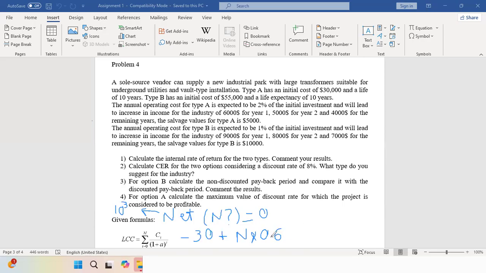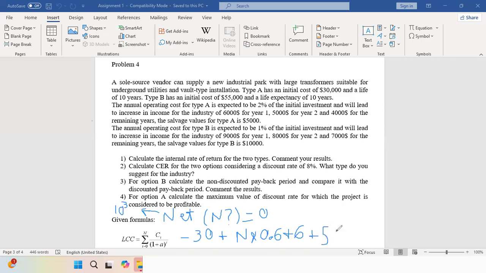Now, concerning the income, it is not constant with years. Here we should decompose. For year 1, we gain $6,000, so plus 6. For year 2, it's plus 5. And it's 4 for the remaining years.